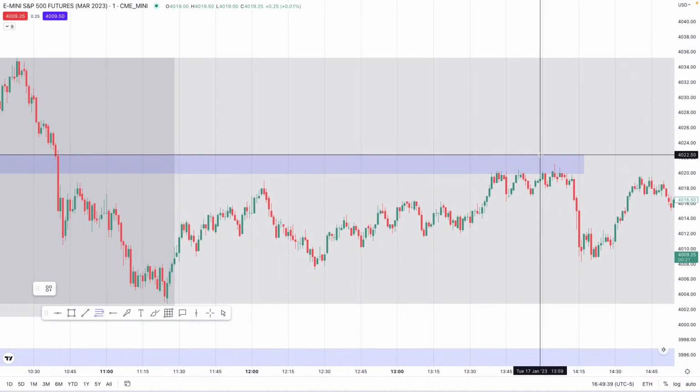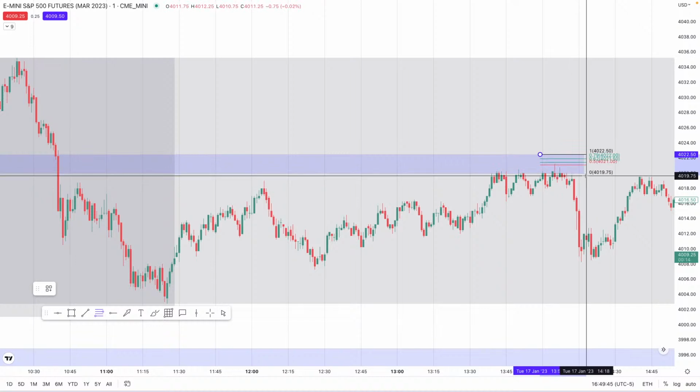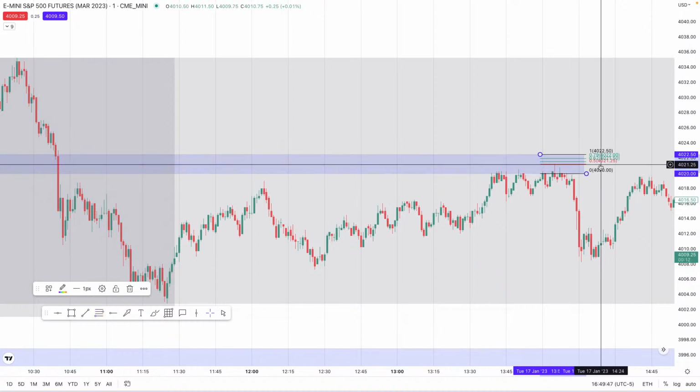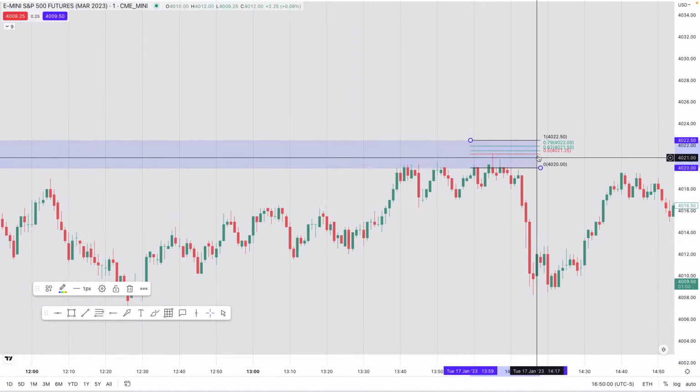So let's see where that landed. I think it just got the, yeah. And so I set it just below the mean at 40.21. And what does it do? It hits the mean of this imbalance. It's that consequent encroachment.